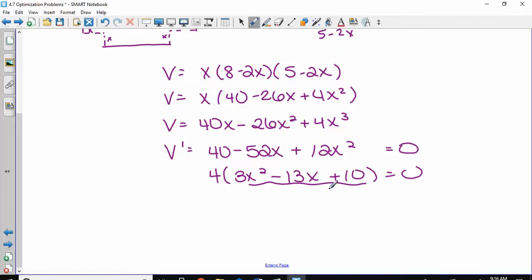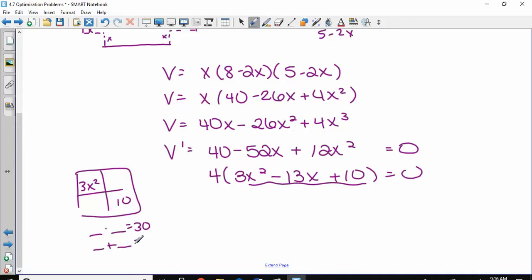What would we have to do in here? So I need two numbers that multiply to 30 and add to negative 13. Make 10 and negative 3.